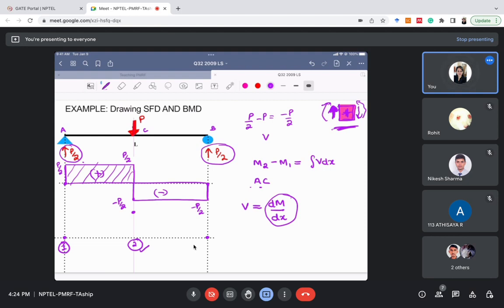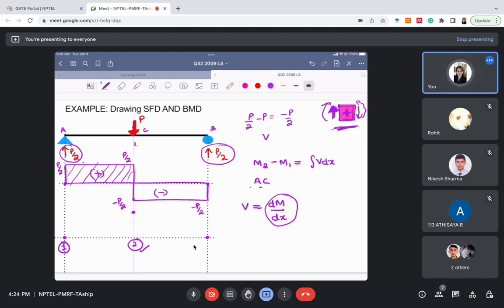So we will analyze the shear force at section AC now, because the trend of the shear force will be equal to the slope of the bending moment diagram. At section AC, the shear force is positive and constant. Do you agree or not?